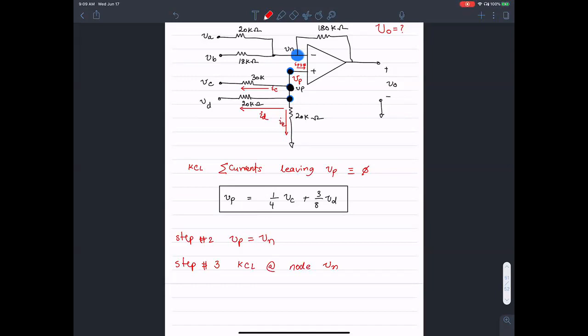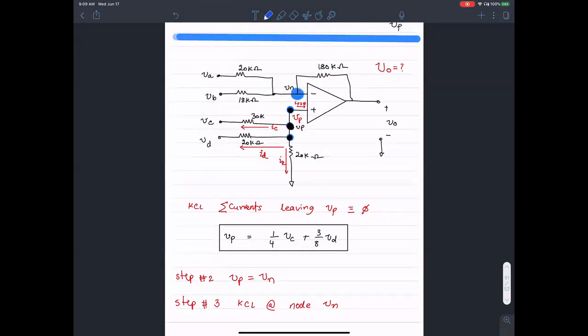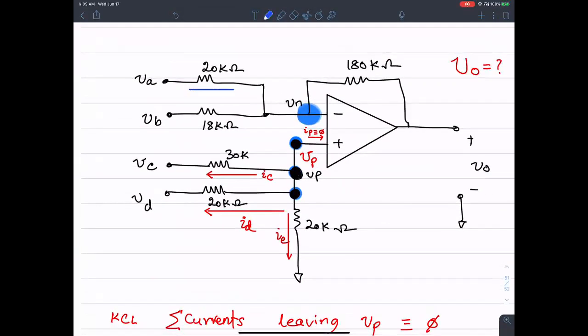KCL at node Vn. In this branch, I could look at the currents leaving. This is what Professor Tatro does: he looks at all the currents leaving a node and sums them to 0. I can call this IA, this IB, and this IO for output.